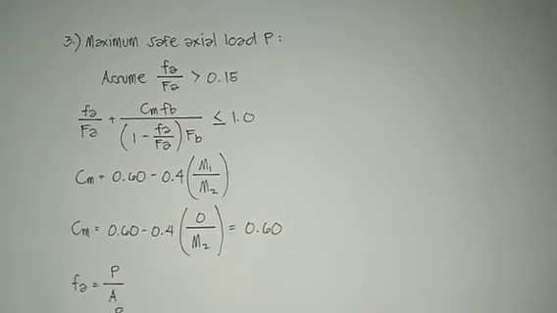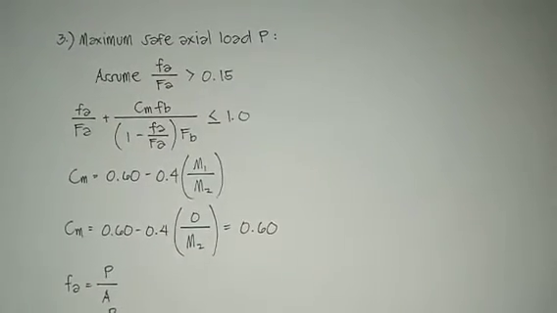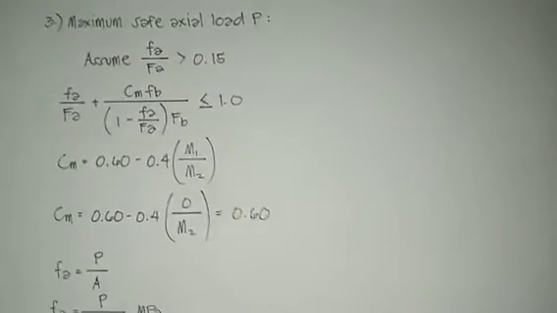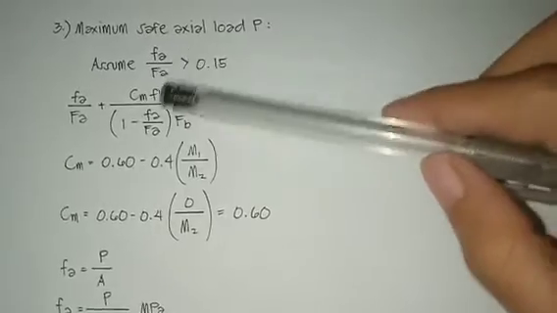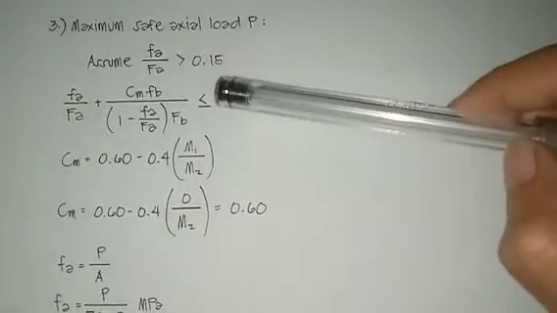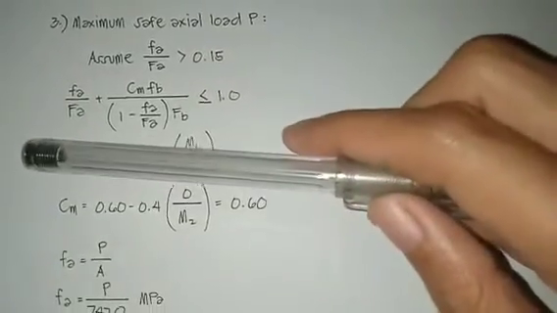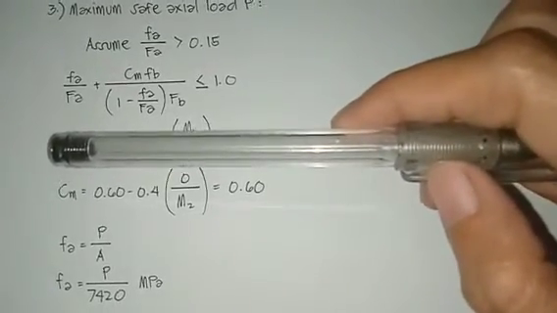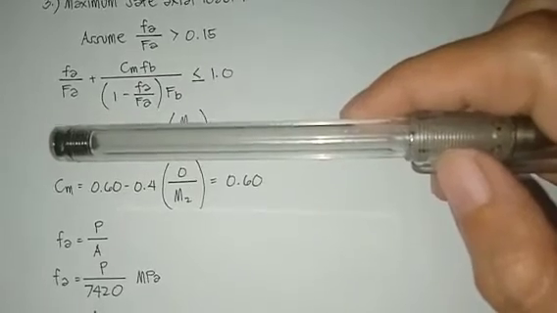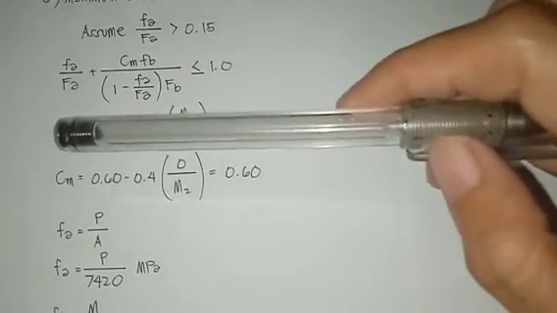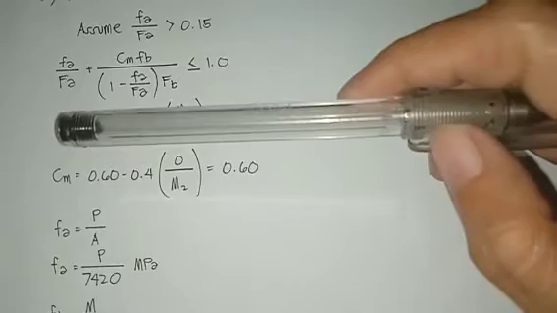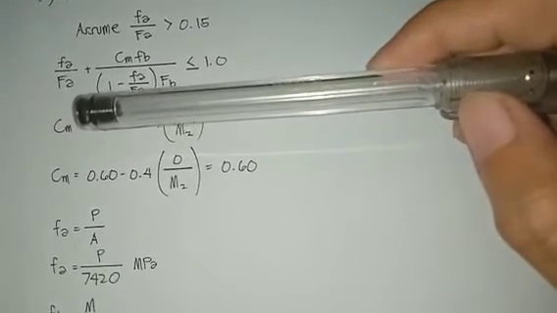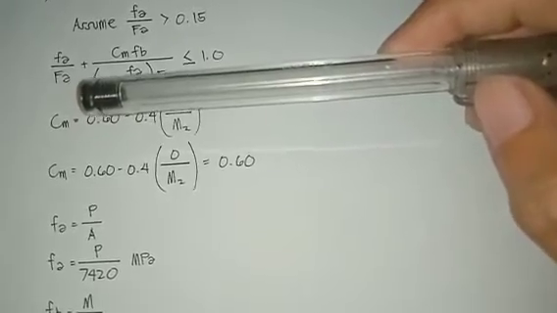So sa ikatulong nga gipangayo, which is the maximum safe axial load P. So assume fa over Fa is greater than 0.15. So fa over Fa plus Cm times fb over the quantity of 1 minus fa over F'e times Fb, and it should be lesser than or equal to 1.